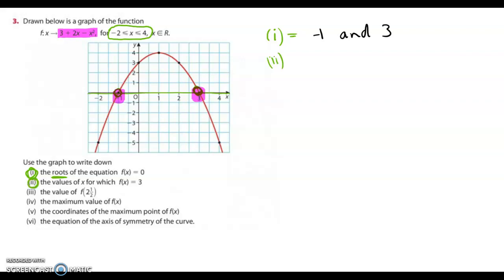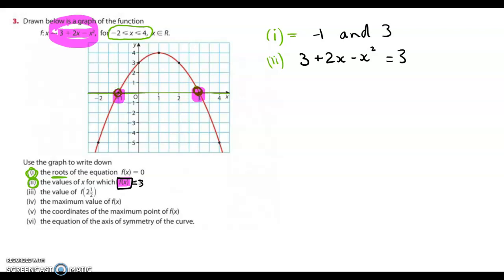The second question, it says find the values of x for which f(x) equals 3. f(x) equals 3. Well, what was f(x) again? f(x) was up here, remember. It's 3 plus 2x minus x squared. So we write that 3 plus 2x minus x squared, and they want to know when is that equal to 3. So we put it equal to 3.